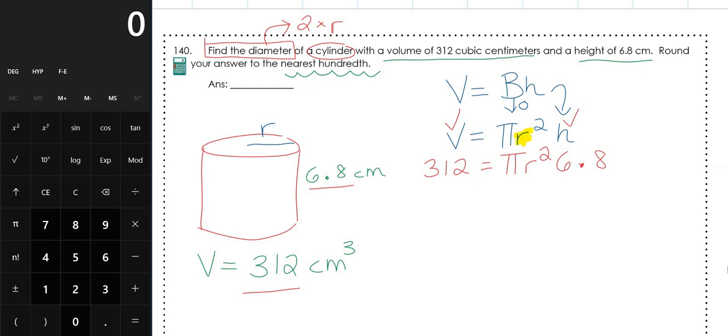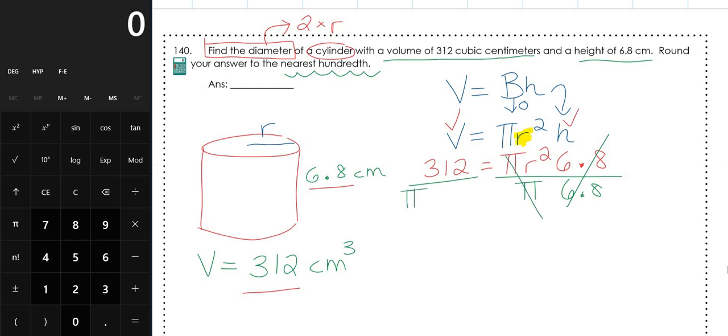The way that I'm going to do that is I'm going to divide out the pi and the 6.8 at the same time. So I'm going to divide both sides by pi and by 6.8. I could do it one at a time, but no need. Let me just get it done all at once. 6.8 on the right will cancel, pi will cancel. Now the same thing to the left.